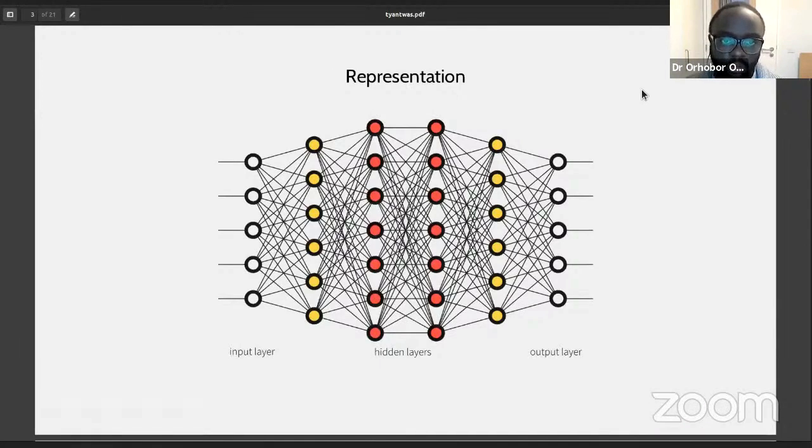Everyone working in machine learning knows that representation, or how you represent your data, plays a crucial role in how well your machine learning model performs, right? If you don't represent things properly, then your models aren't going to do very well.